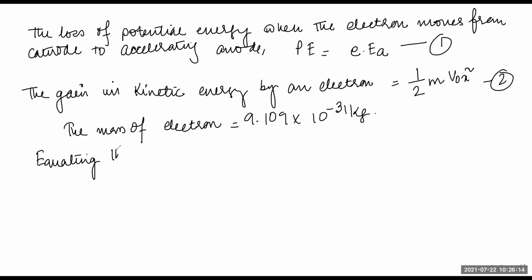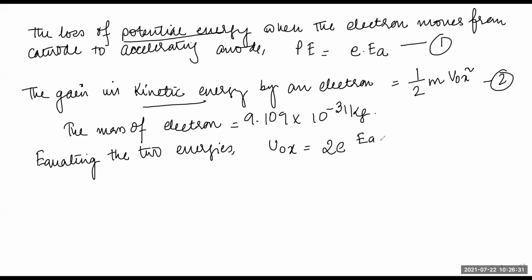So equating the two energies, the potential energy and the kinetic energy, we will get vox equal to (2e EA divided by m) to the power half. This is my equation number 3.